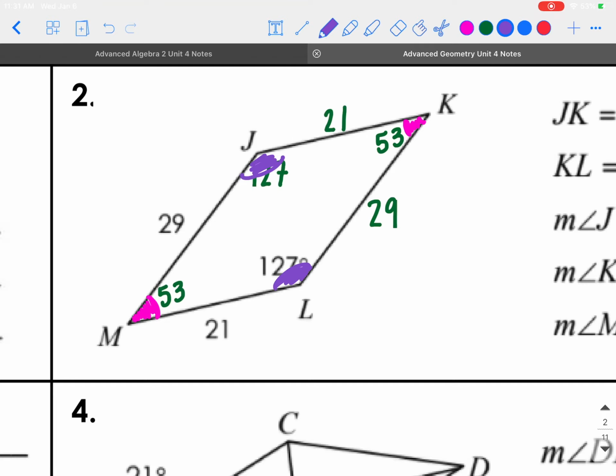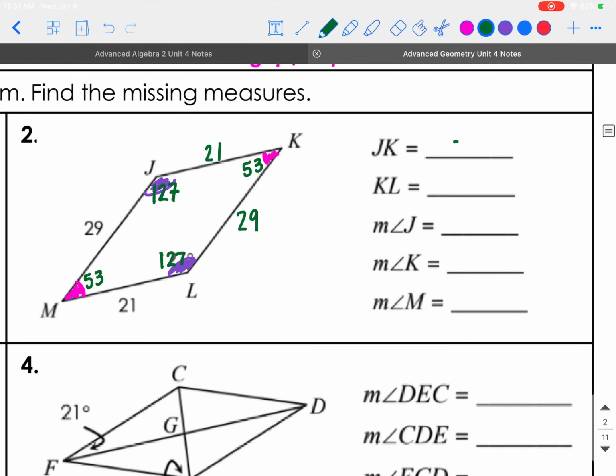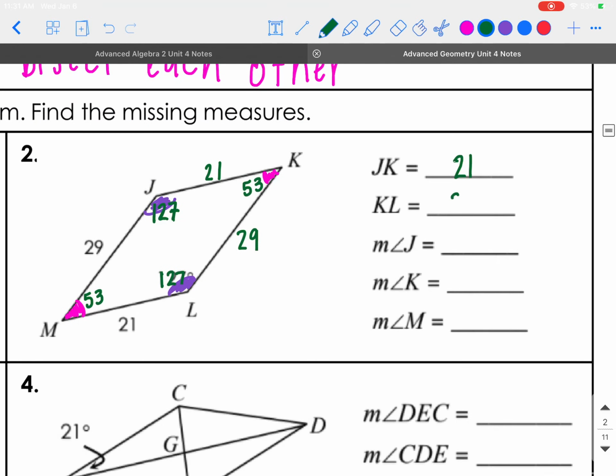And then a pink one and a purple one add up to 180. So let's look back. JK, we said, is 21. KL is 29. Angle J is 127. Measure of angle K is 53. The measure of angle M is 53.